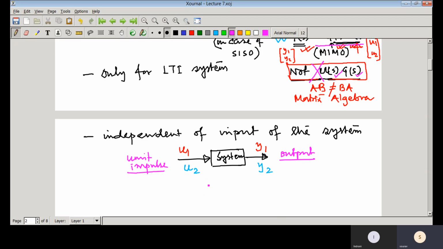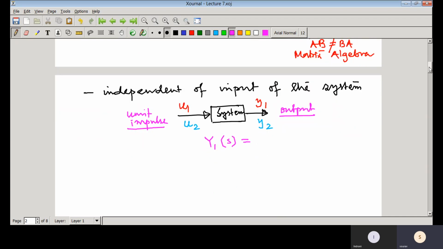So in the first case, Y1(s) is equal to G(s), the transfer function of that LTI system, into U1(s), and Y2(s) is equal to G(s) into U2(s).